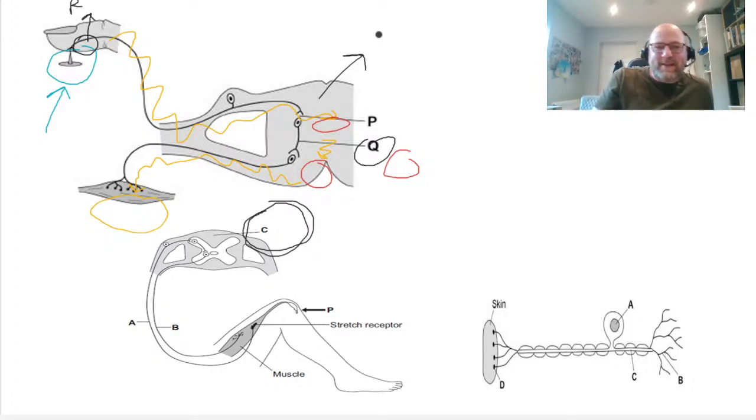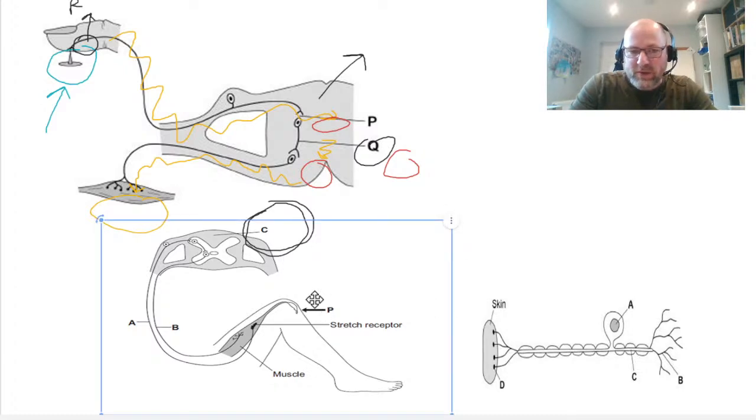That there is labeling the spinal cord for C, not the relay neuron. The relay neuron runs through the white matter inside your spinal cord, which is surrounded by grey matter. You don't need to know about the grey and white matter, but just watch out for a little slip up like that.